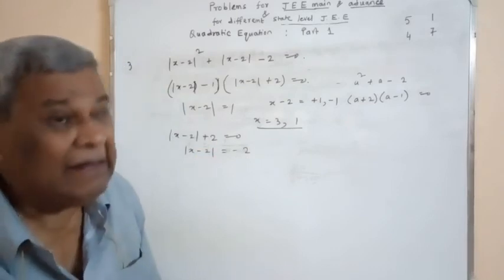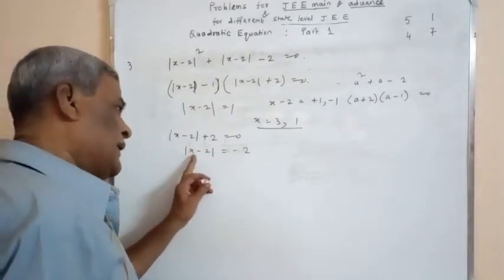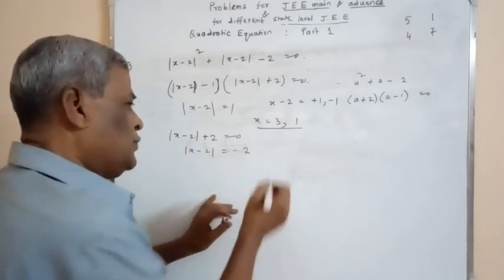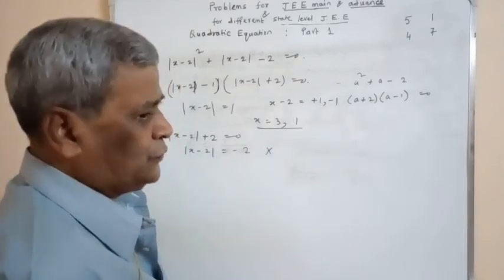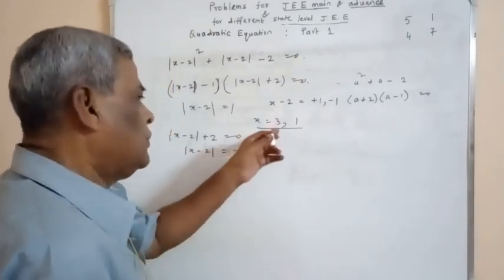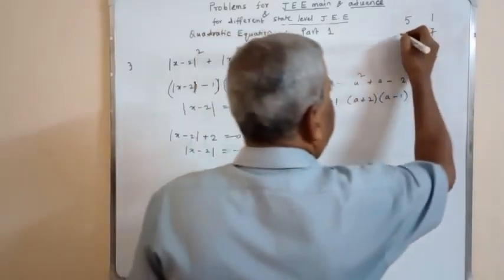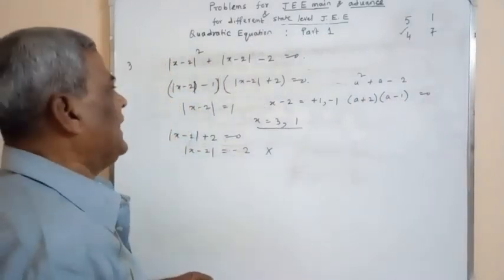But this is clearly inadmissible. Why? The mod of x minus 2 must be positive and it is negative. So this is inadmissible. So we must have two roots, and those roots are 3 and 1. So the sum is 4. So option C is correct.